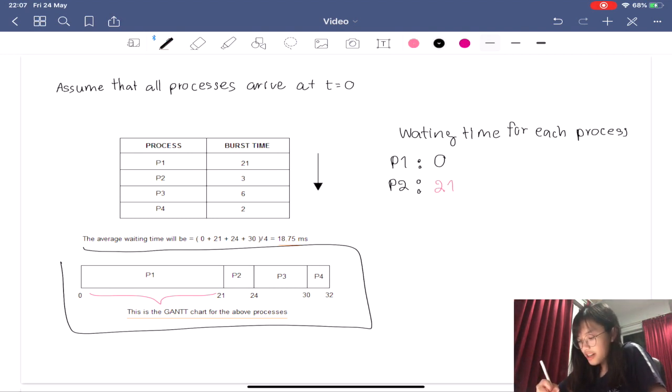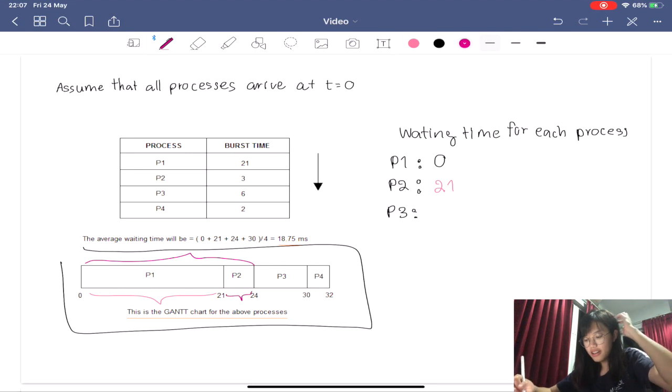And P3 needs this one. Actually, you can do 21 plus 3, or you can choose this one. It's the same. So 24.